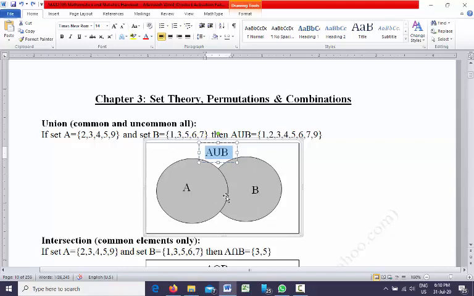Total area occupied by these two circles is the A union B.